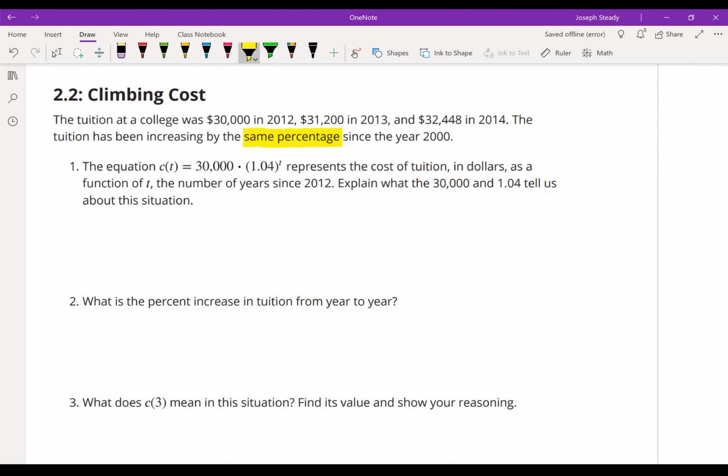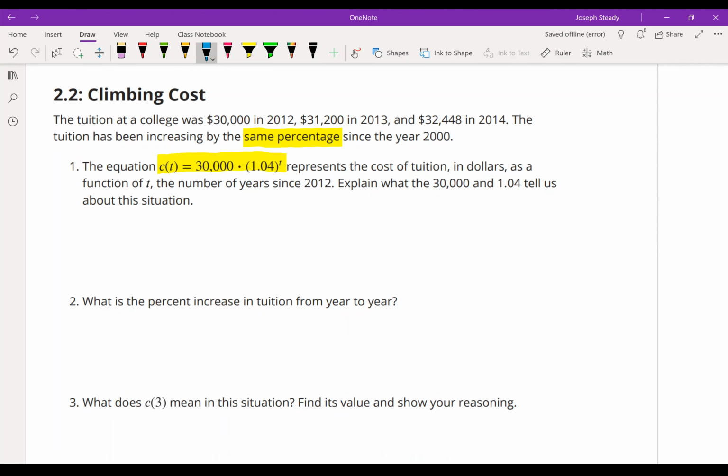Now, when we get down to the first actual question, they give us an equation. C of t equals 30,000 times 1.04 with an exponent of t. And what they want us to figure out is, what does the 30,000 mean? And what does the 1.04 mean?